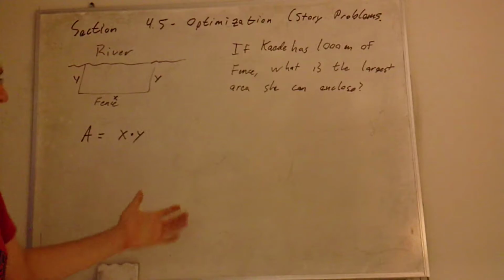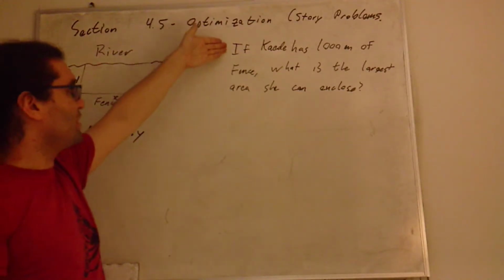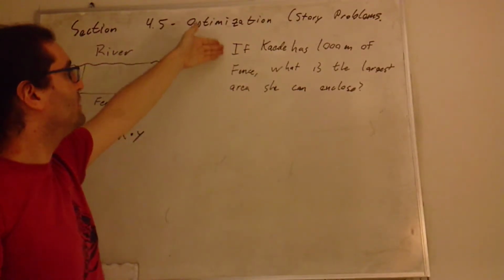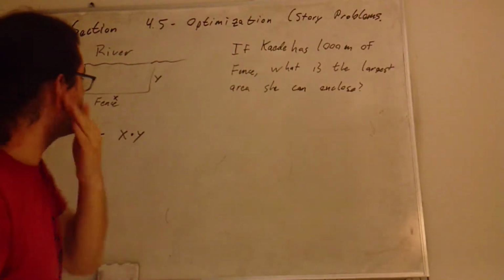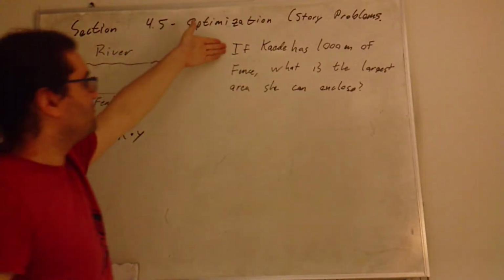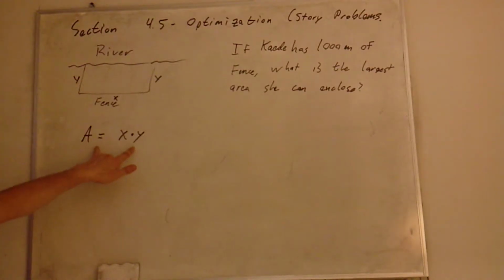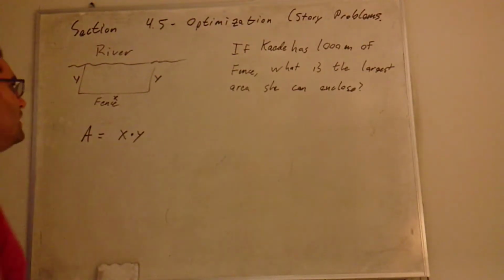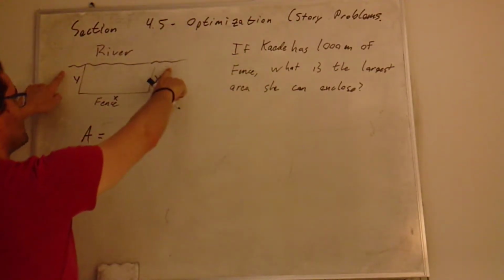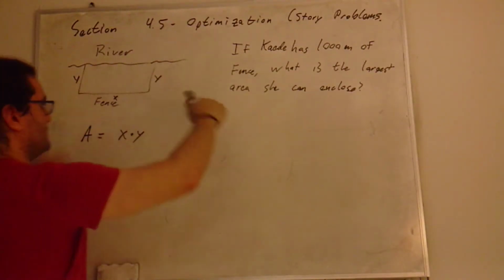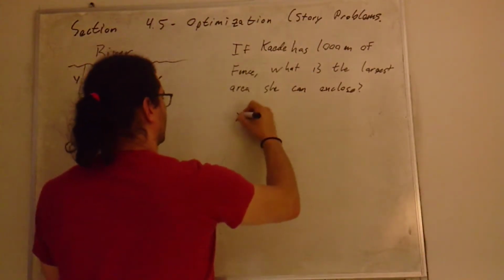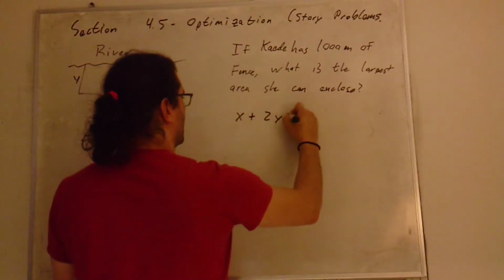We can't do it. But we do have this constraint. She has 1,000 meters of fence, so we need to use the constraint to transform this into something that is optimizable. If she's going to split 1,000 meters of fence between these three sides, then we have this relationship: x plus 2y equals 1,000.